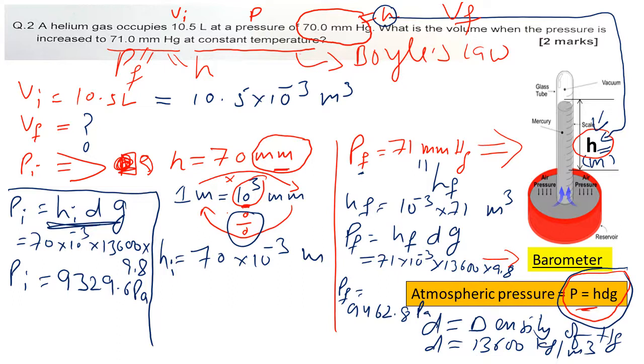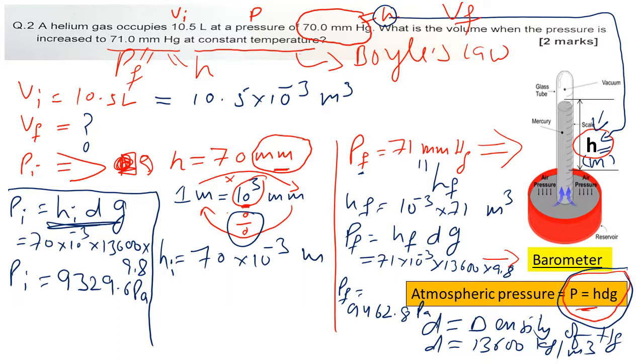Now in the same way, this Pf is also given. For this the value of the height is given, this is 71 millimeter of mercury.